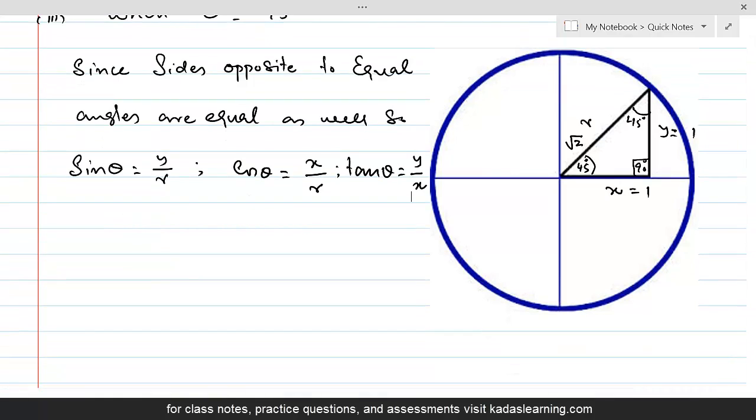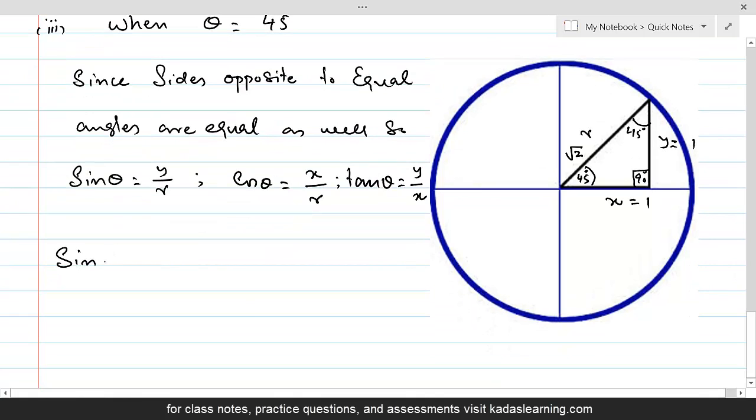And if we apply these values, then sine of 45 degree would be equal to 1 over under root 2.